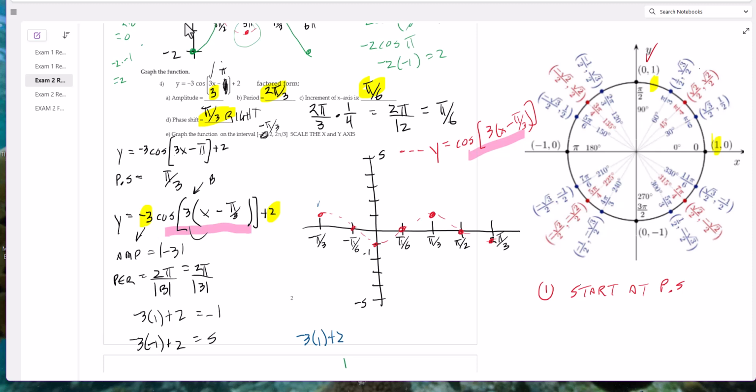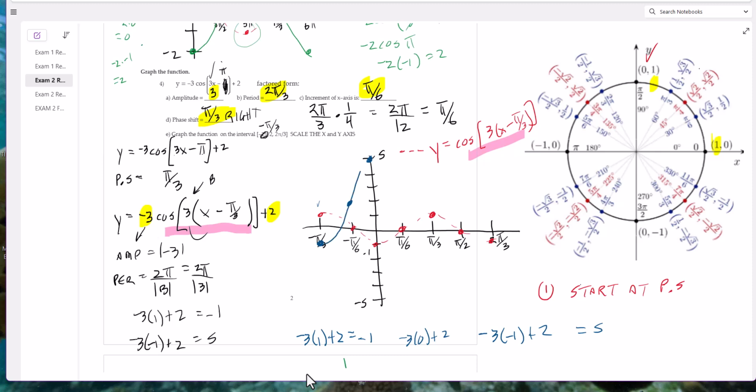Now go with 0. So negative 3 times 0 plus 2 moves that point up to 2. And then take the next y value, negative 1. Work this out. Negative 3 times negative 1 plus 2 will give 5. And that gives you the key points that you need. And then the rest of these things are just going to cycle predictably through these points. So you're going to have that point.